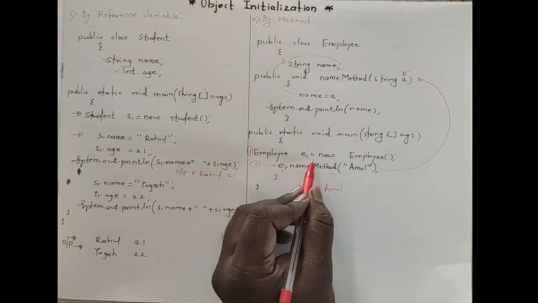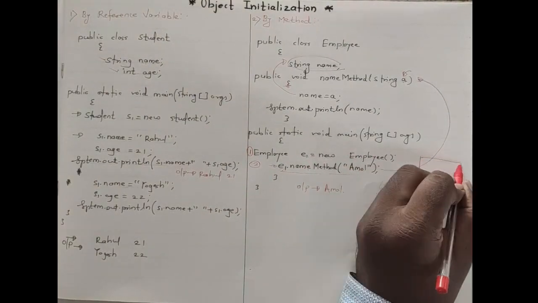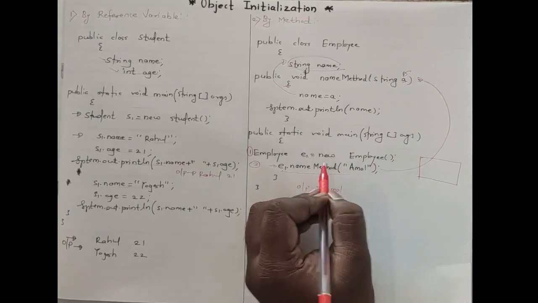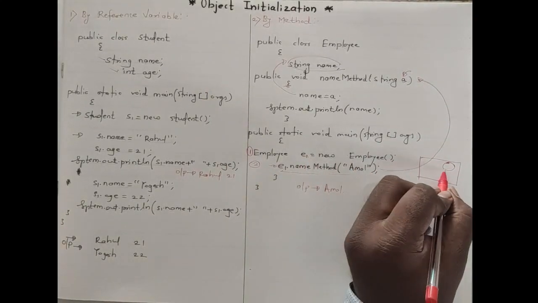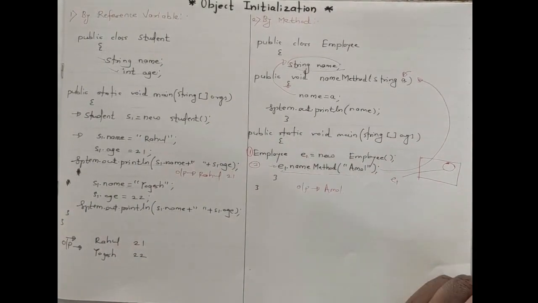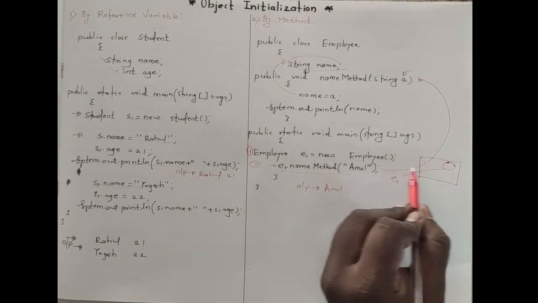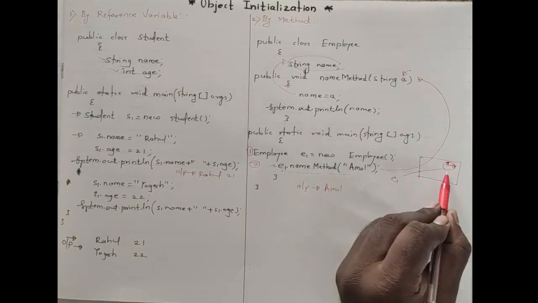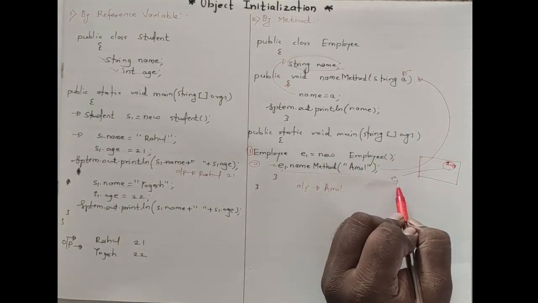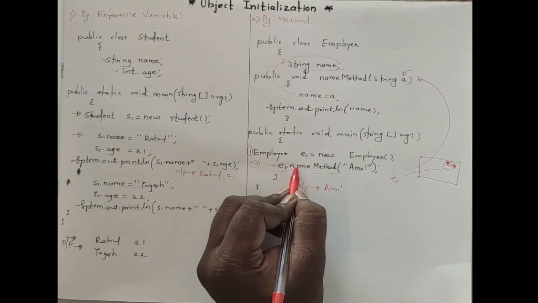What happens inside memory? Suppose it is RAM. Inside RAM a space is created and that space is referred to by using E1. What is inside that E1? We have kept the string Amol, and that is referred to by using E1. Suppose we created another object. What happens?